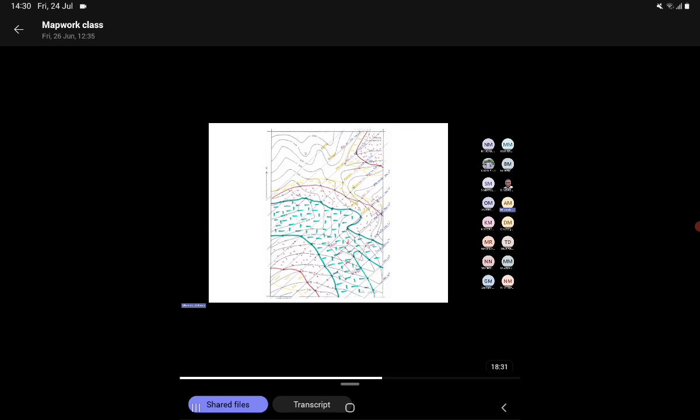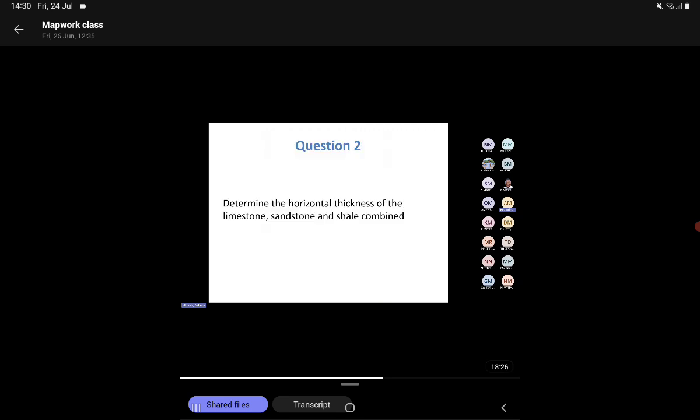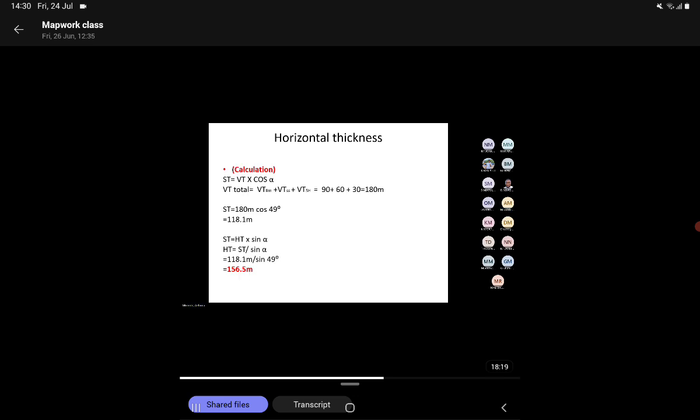Now, if we were to calculate the depth of the bed, I'm just making an X. I think it's one of the questions that they ask. They said determine the horizontal thickness for limestone, shale, and sandstone combined. So from that map that we have, we were given the vertical thickness of limestone being 90.